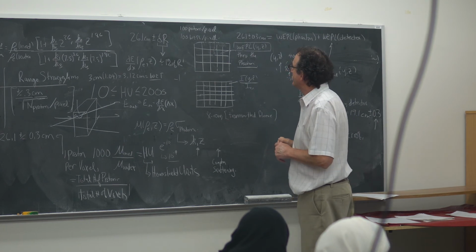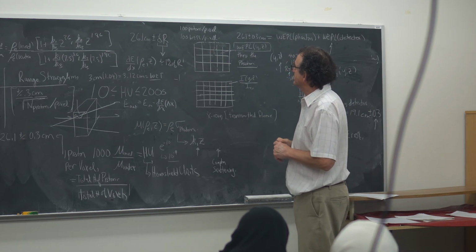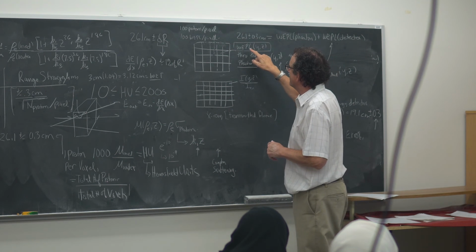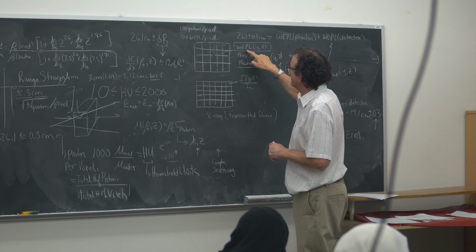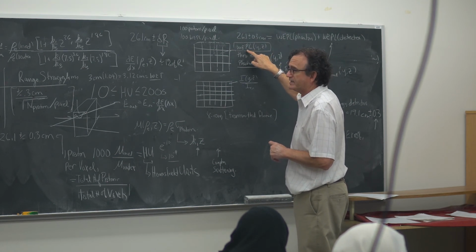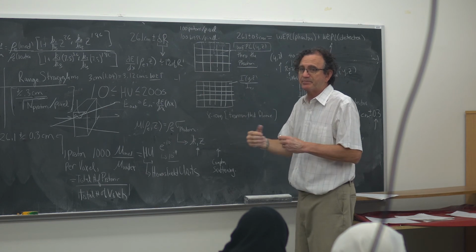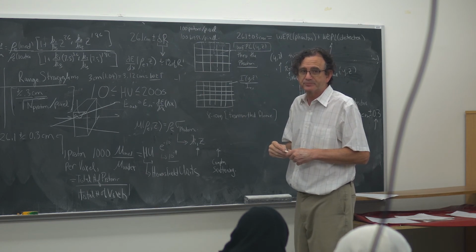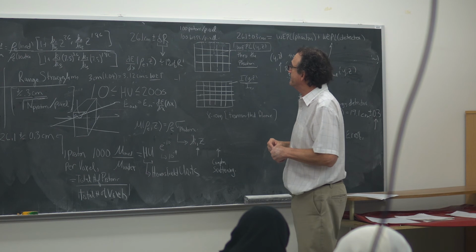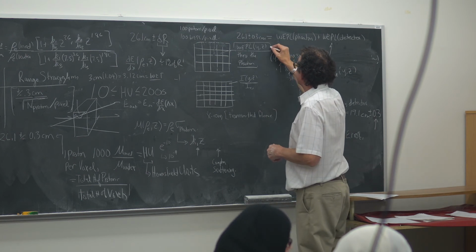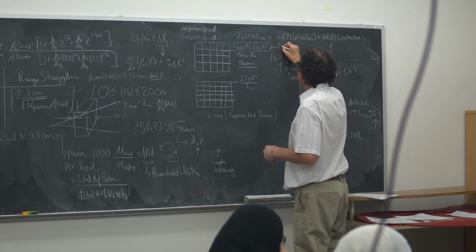And this is the most direct quantity that tells us where the protons stop in the patient. So this would be a constancy check.